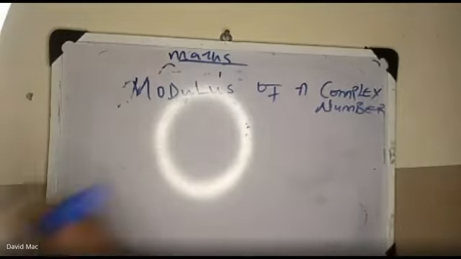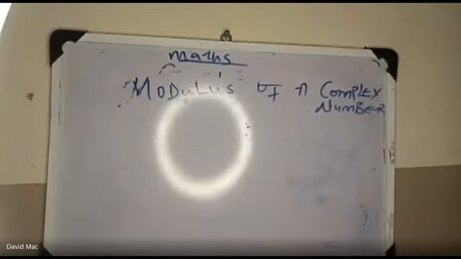So what is the formula for the modulus of a complex number? The modulus of a complex number is simply the distance, calculating the distance in your Argand plane.